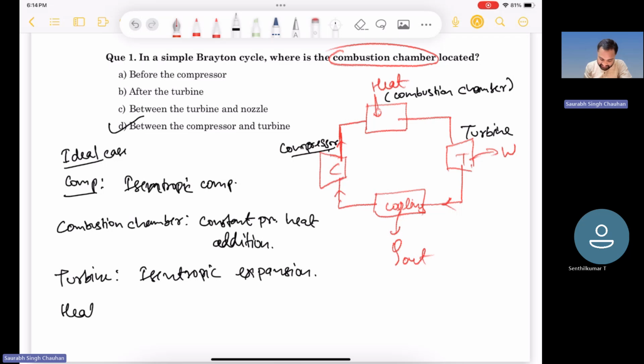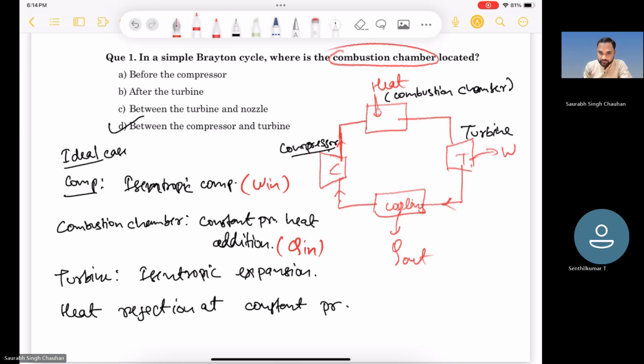And there is a heat rejection at constant pressure. So in the compressor, we are providing some work to run it. In the combustion chamber, we are providing some heat, basically some fuel. In the turbine, we are getting work output, and in the heat rejection process, of course, there is Q out. So these are the processes.